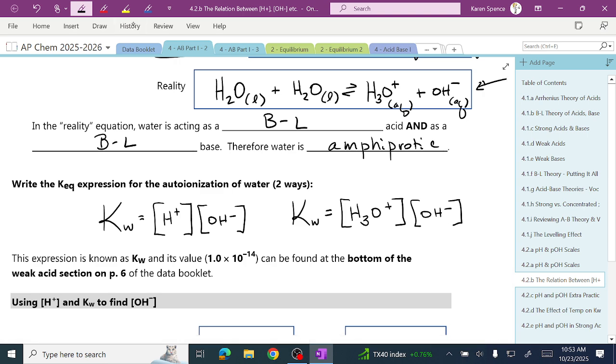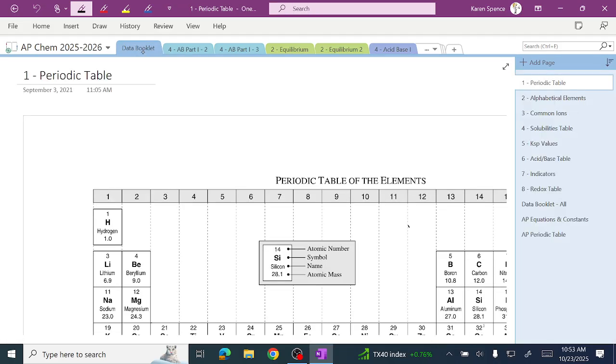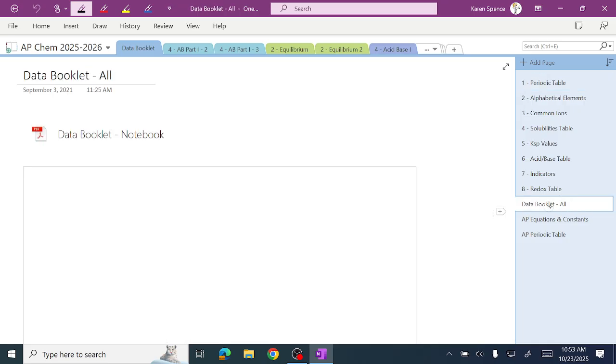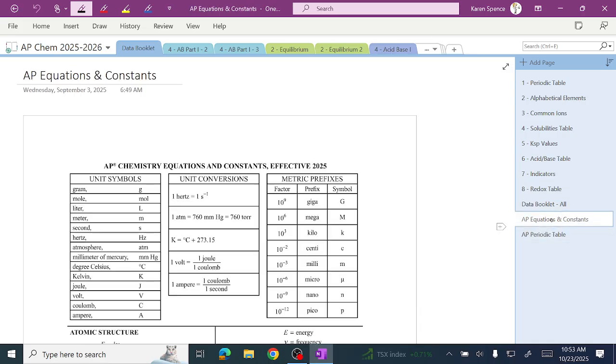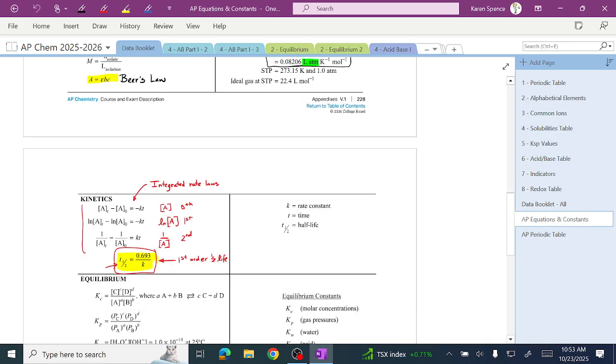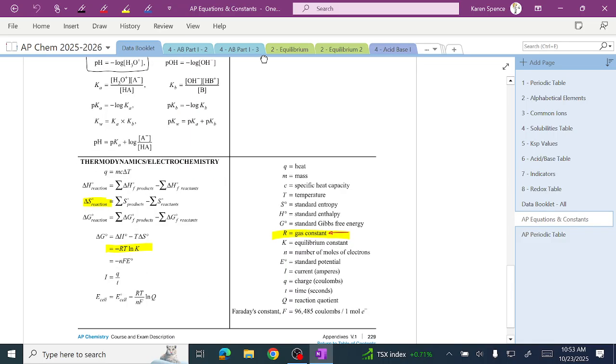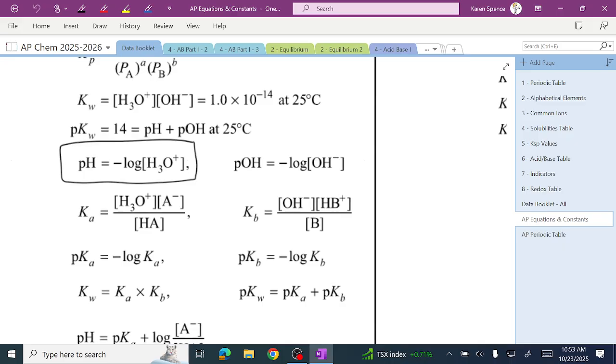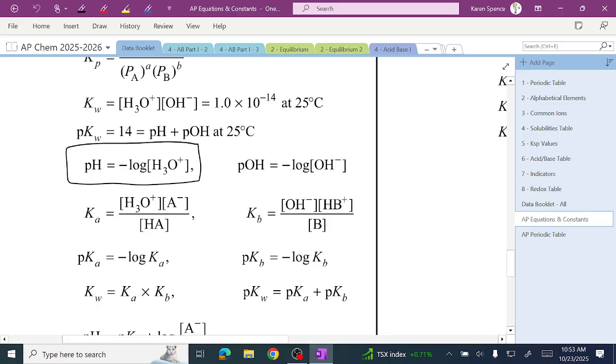I would probably tend to, let's see, what did they give you in the AP data booklet? Although you have to memorize these things for regular chem, AP gives you all of these. And they use H3O plus. So I would use H3O plus when I'm doing AP Chem because that's what they give you, right? We've got pH, pOH, we've got KW, we have pKw. There we go.